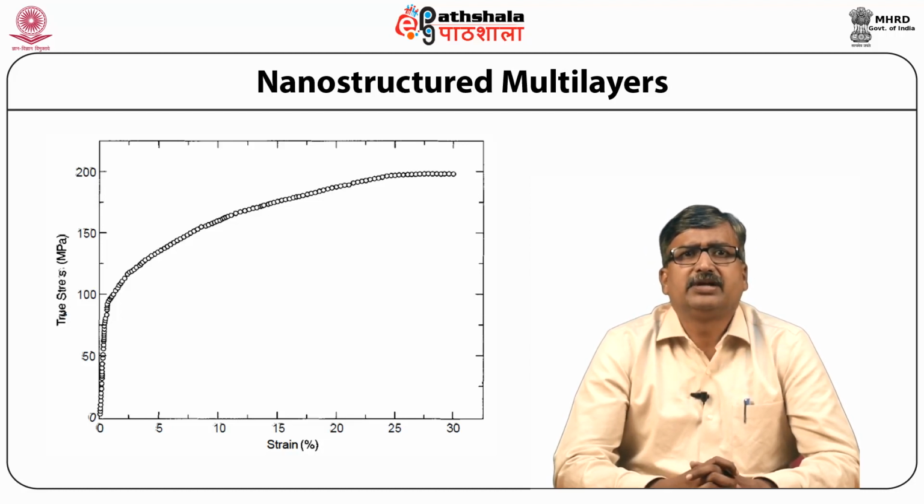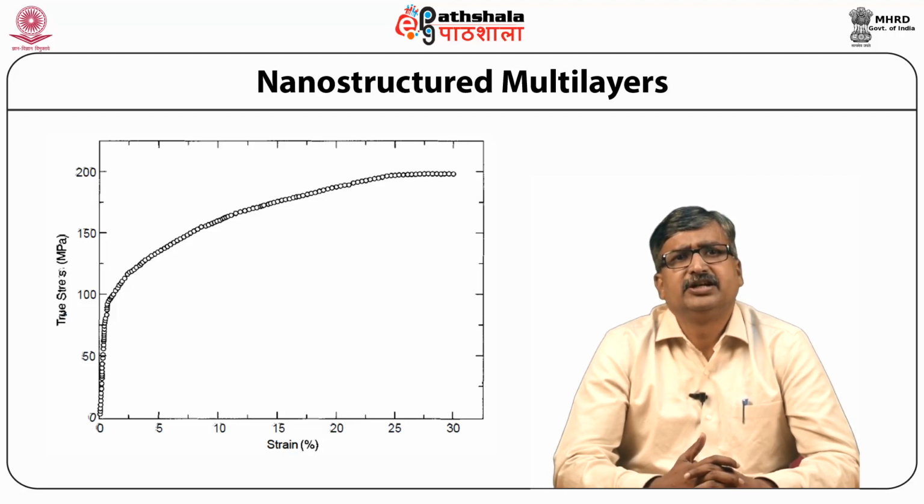A pyramidal diamond indenter is pressed into the surface of the material with a load L and the displacement of the tip is measured. Hardness is defined as H = L/A, where A is the area of indentation. Typically, measurements are made at a constant load rate of around 20 millinewtons per second.